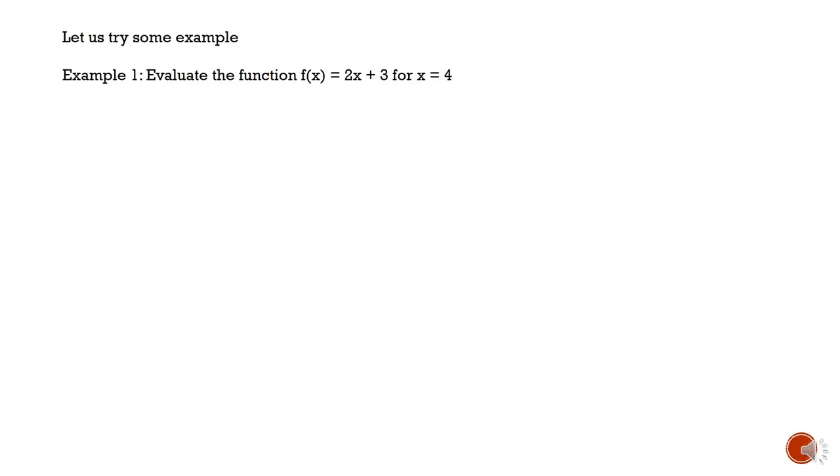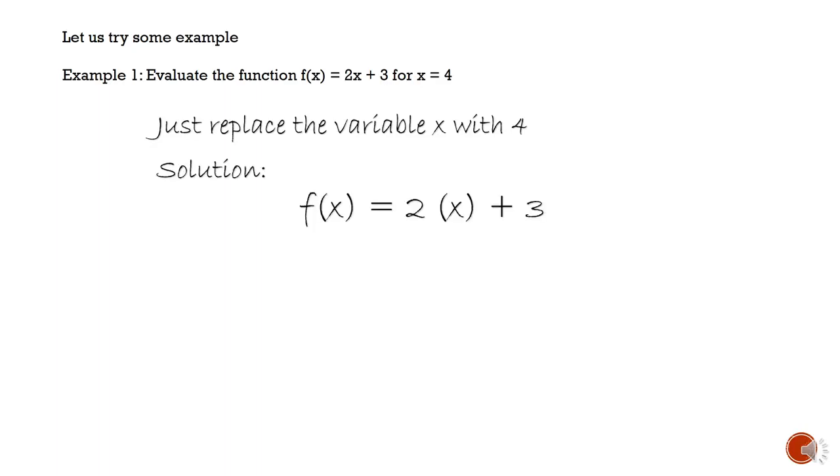Okay, just replace the variable x with 4 in the function f of x equals 2x plus 3. We have now f of 4 equals 2 times 4 plus 3. Simplify the expression.